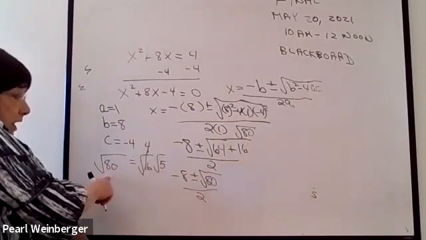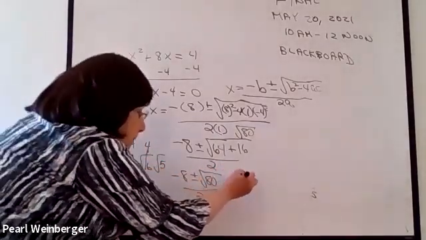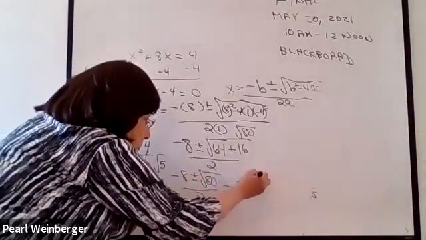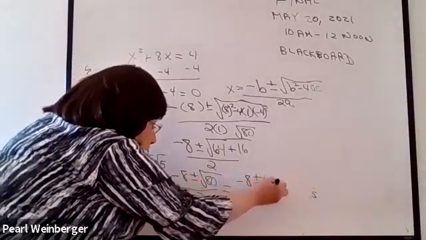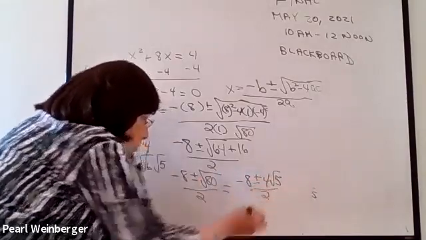So the square root of 80 simplified is 4 times radical 5, over 2.